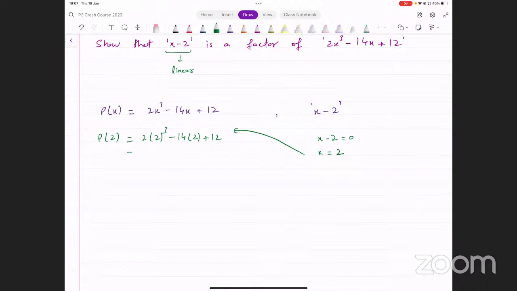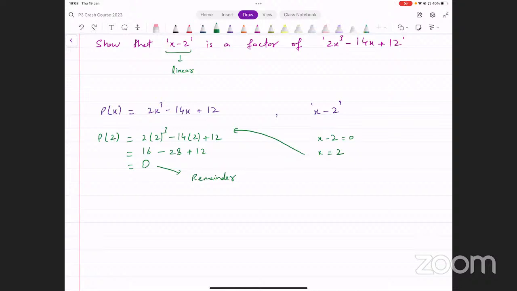Now let's simplify this and see what we get. We get 16 minus 28 plus 12, and this turns out to be 0. 0 is the remainder, right? You input 2 in the polynomial, the result turns out to be 0.